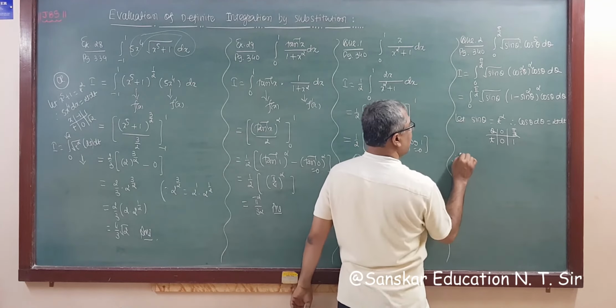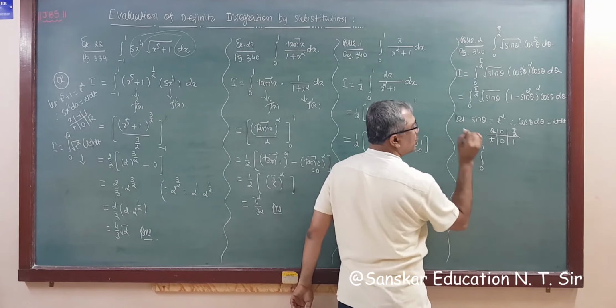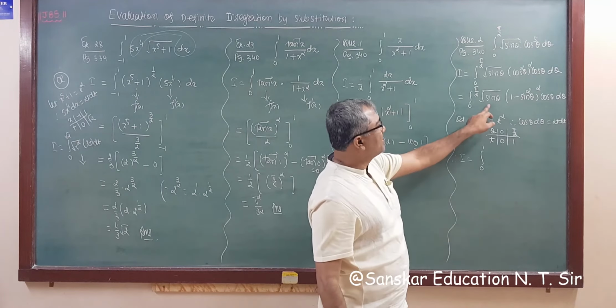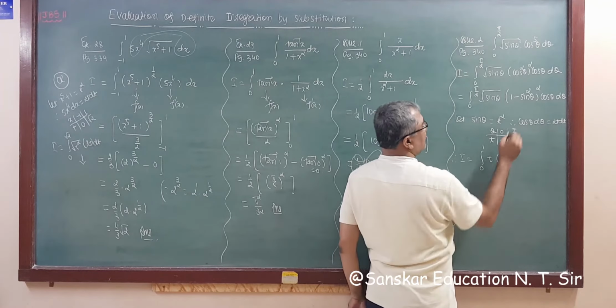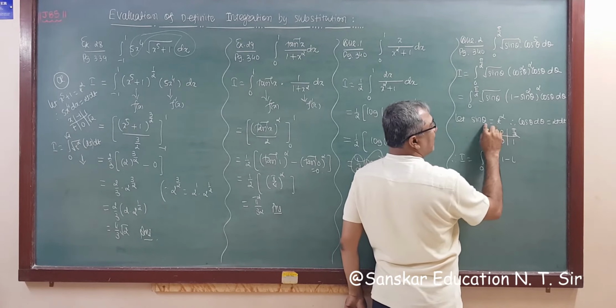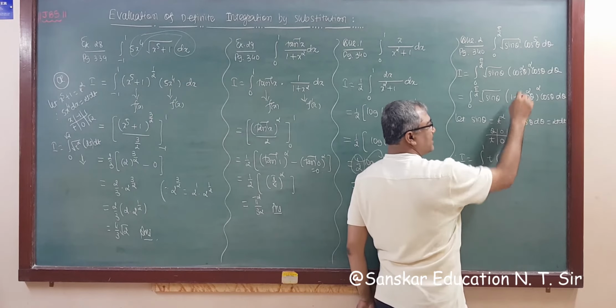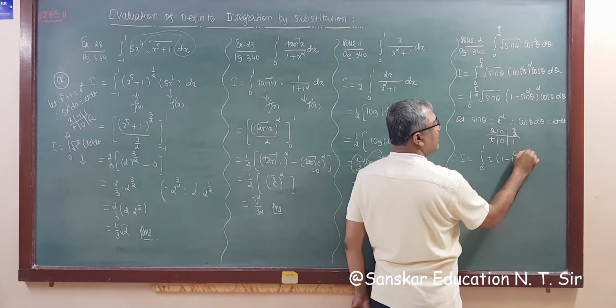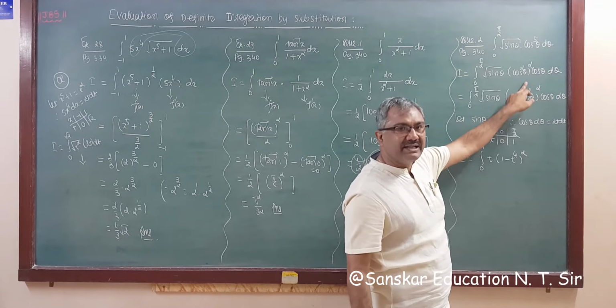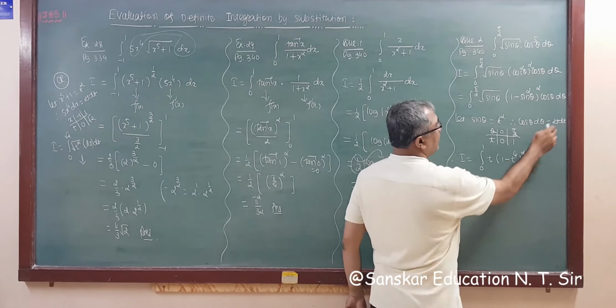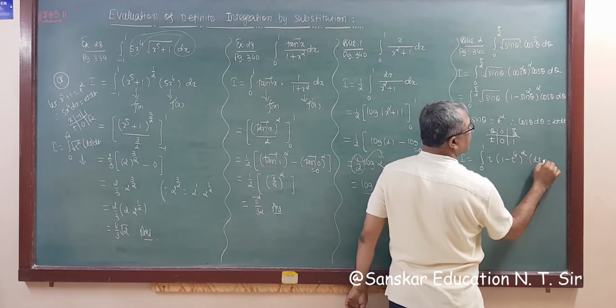So what is your answer? I is equal to integration 0 to 1, new limit, root sin theta is t square, so this becomes t, and this is 1 minus sin theta is t square, so this is t raised to 4 whole square, got it? Sin theta is t square, so t square square is t raised to 4, whole square, and cos theta d theta is twice t dt.